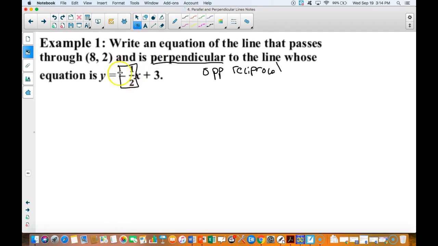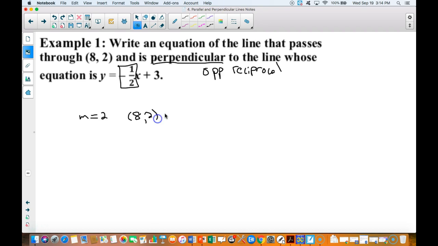This slope is negative, that means my new slope will be positive. And the reciprocal of 1/2 would be 2/1, or just 2. So I want the equation of a line with a slope of +2 that goes through the point (8, 2).